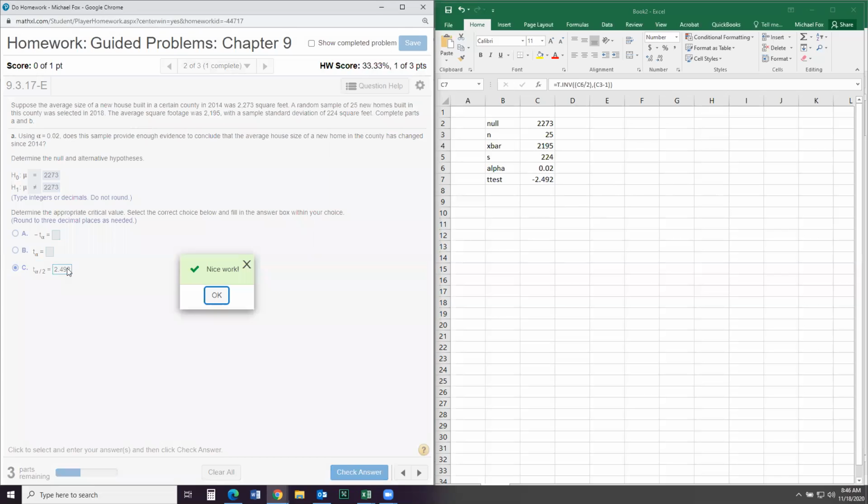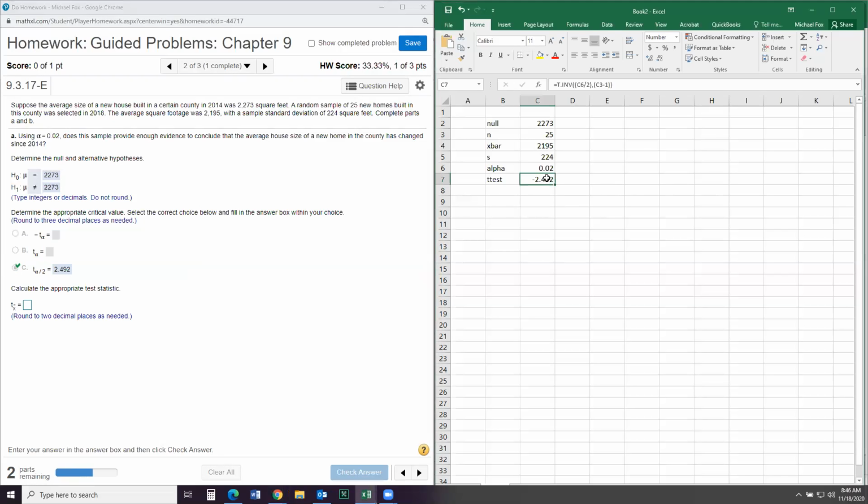Yeah, so it wanted the absolute value of it, which is a positive number there. Okay, so remember that this is really plus and minus that. So now it wants us to do our, I'm sorry, that wasn't our t-test statistic, that was our critical t.